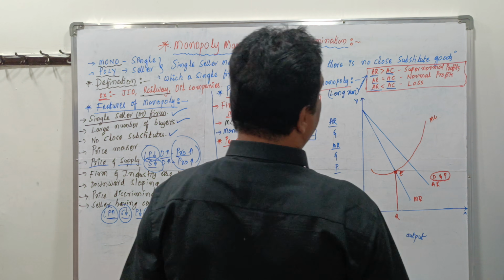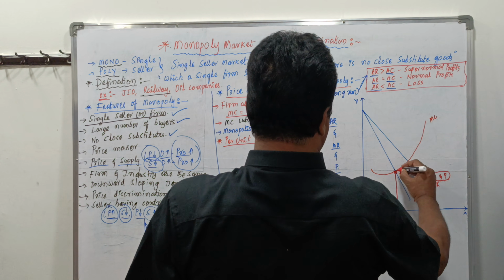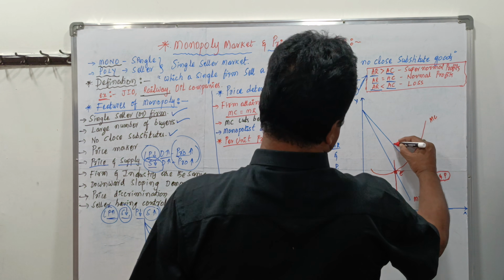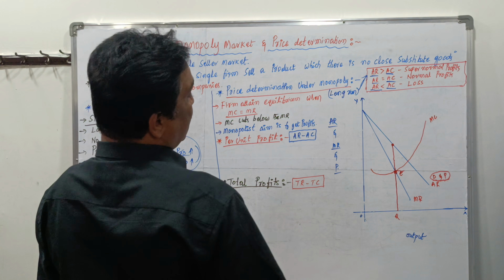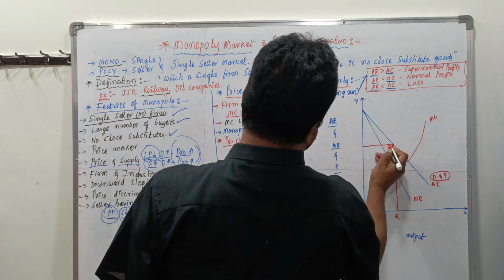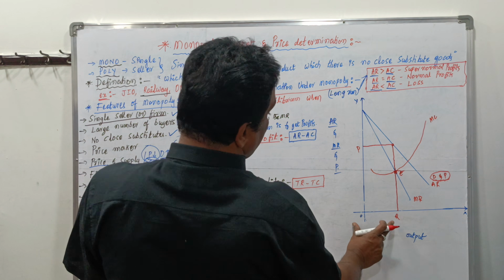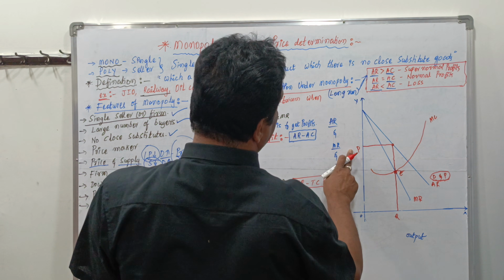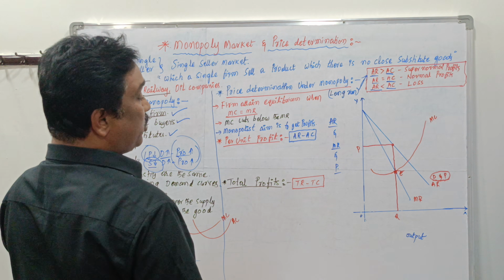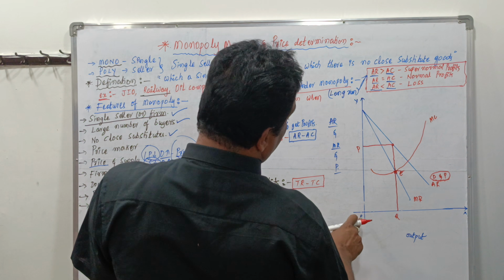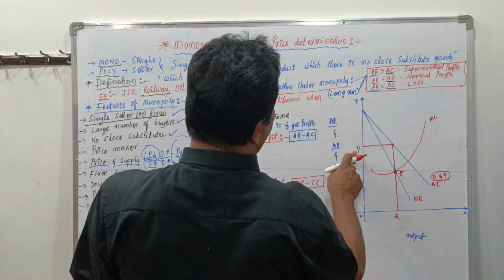When producing OQ quantity, this is the demand, and the seller can fix the price OP. Because the monopolist always wants maximum profits, they fix a high price but produce a low quantity OQ.